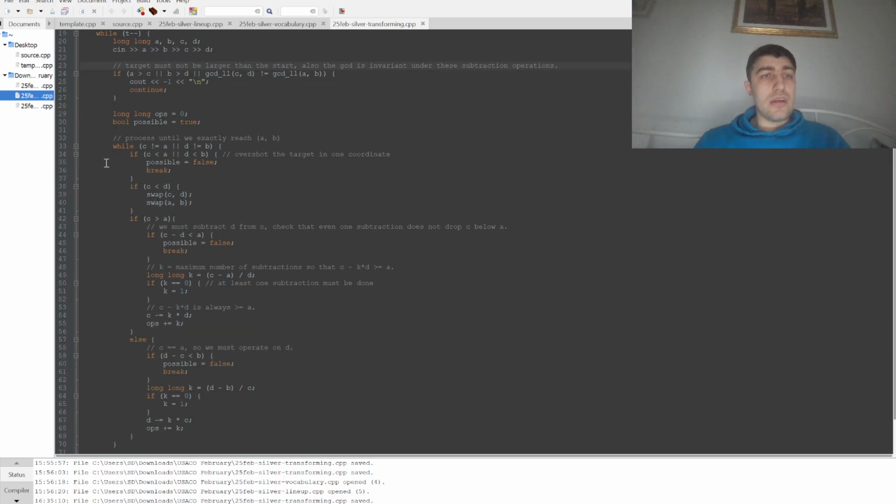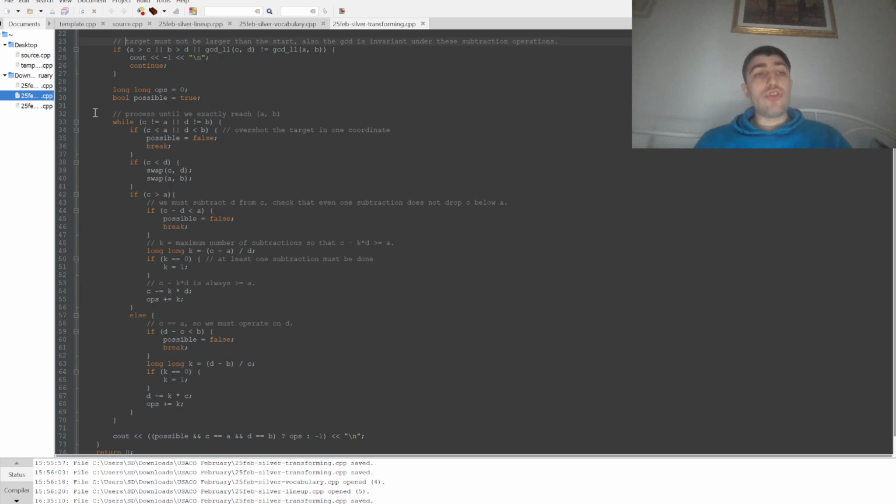Then here, as you see, we have a while loop, which works in a very similar way to the while loop we would have for the GCD, but we do this in the opposite way. If at any point we overshoot and end up with a smaller number on either side, then it's not going to work.